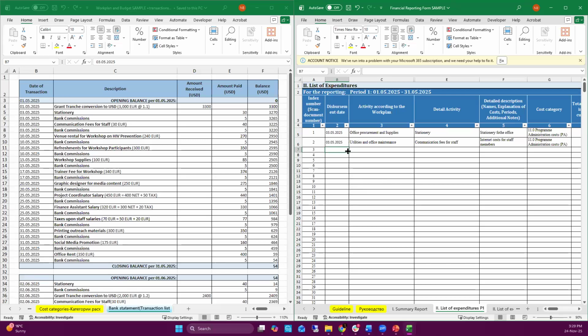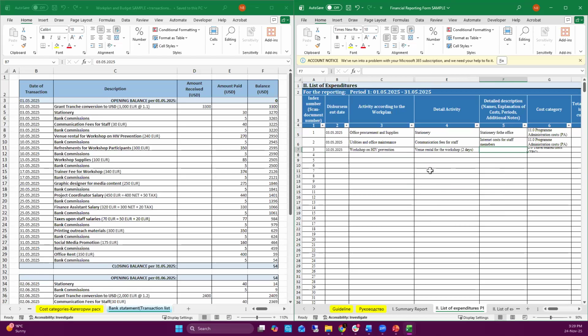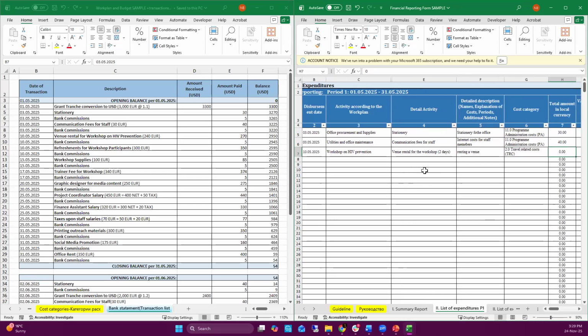Okay, so then we have on the 10th, this venue for the workshop for HIV prevention. So we had a workshop. We rented a venue in the scope of this workshop. Renting a venue. So it cost us this amount.